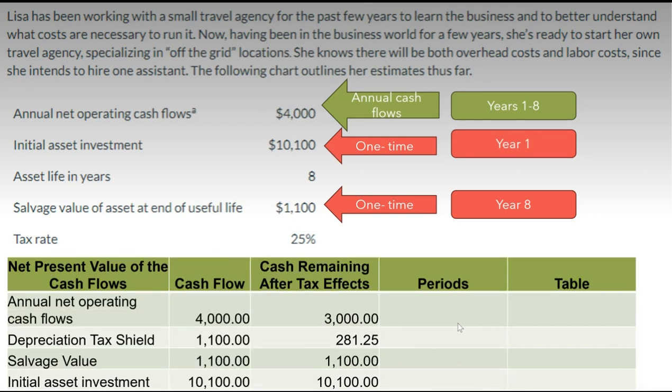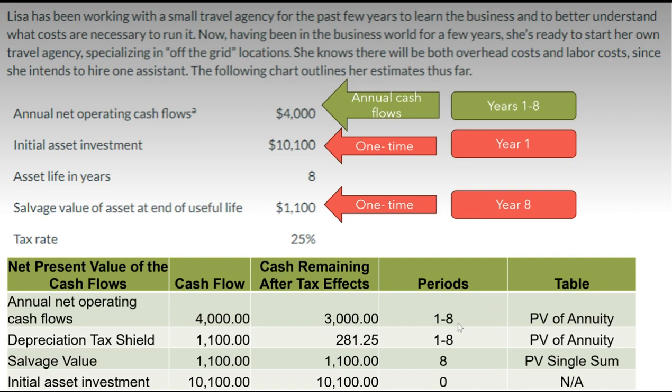Next, we need to figure out the periods that that's impacting. So again, the ones that are happening every year are happening periods 1 through 8 because it's an 8-year project. For those ones, the table we would use to calculate present value would be the present value of an annuity table. For our one-time event, our salvage value, we're going to use the present value of a single sum table.